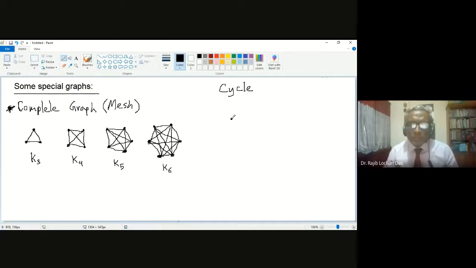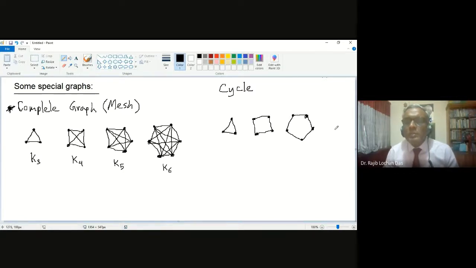If you have 3 points, the cycle is like this. It is the same thing as the complete graph. And if you have 4 points, the cycle will be like that. If you have 5 points, the cycle will be like that.